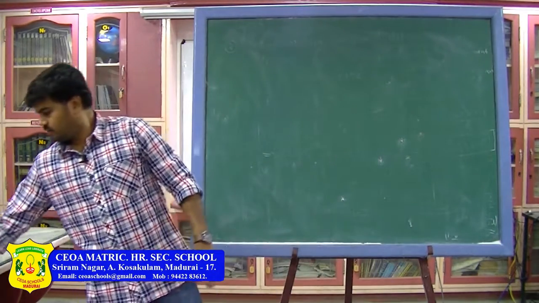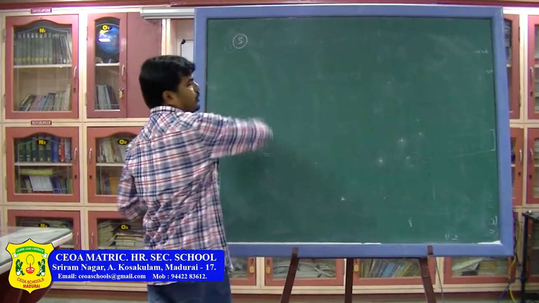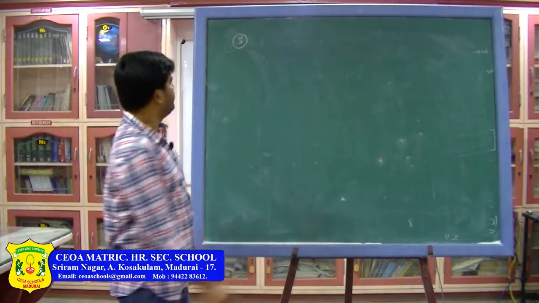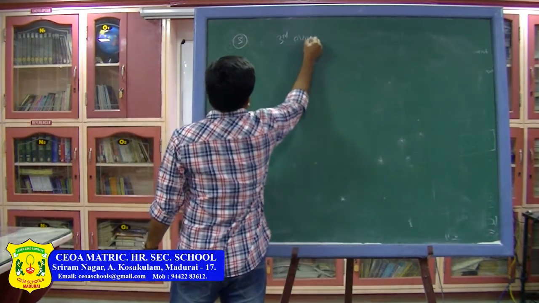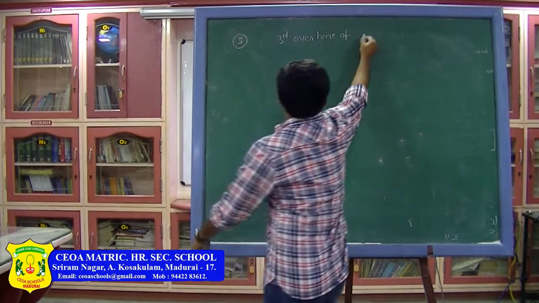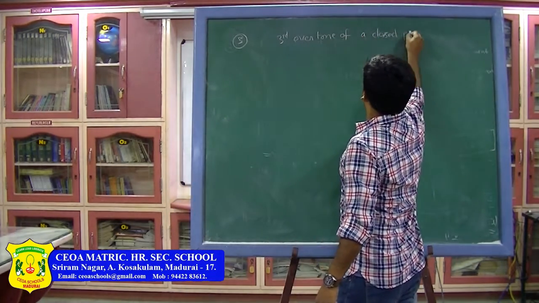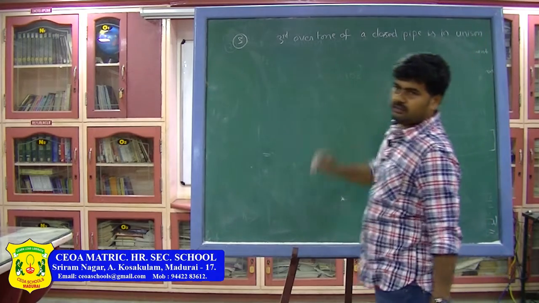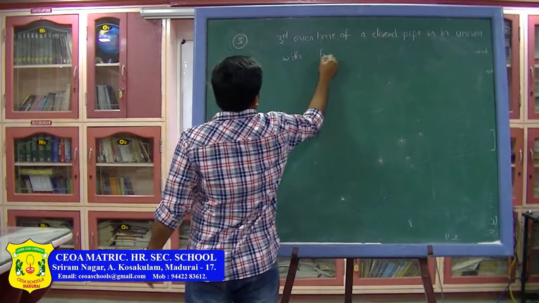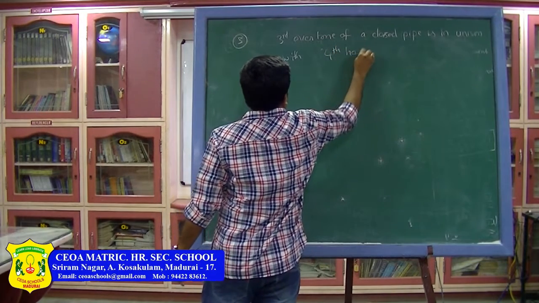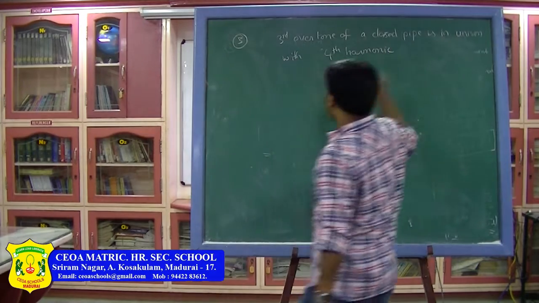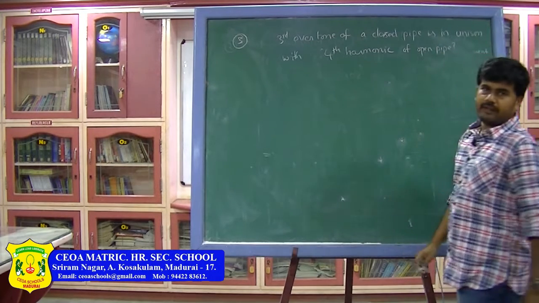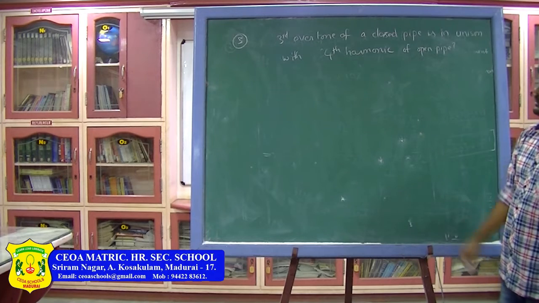So, next problem is question number 3. So, the question is, if the third overtone of a closed organ pipe is in unison with the fourth harmonic of an open pipe, then find the ratio of length of closed pipe to that of open pipe.